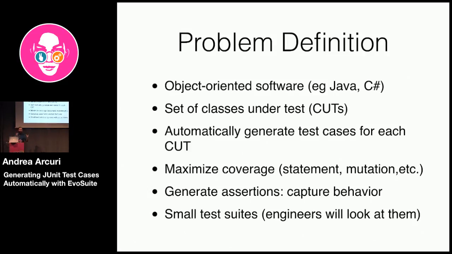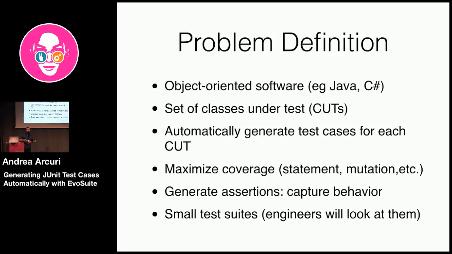So, object-oriented software, then a set of classes under test, that is what you want to generate test cases for. And then for each class, you want to generate unit tests automatically, with some goals in mind. For example, you want to maximize some kind of criteria, like instruction coverage. You have your software with maybe hundreds of thousands of lines, or maybe a class with just 500 lines.